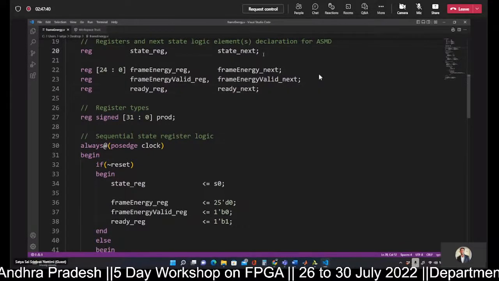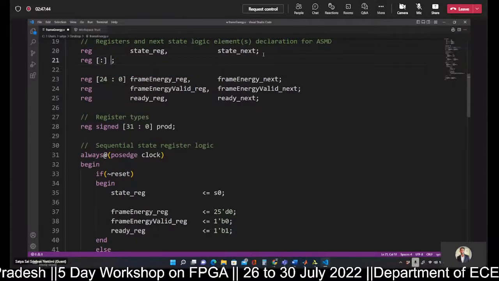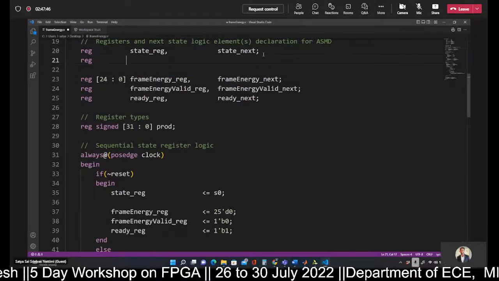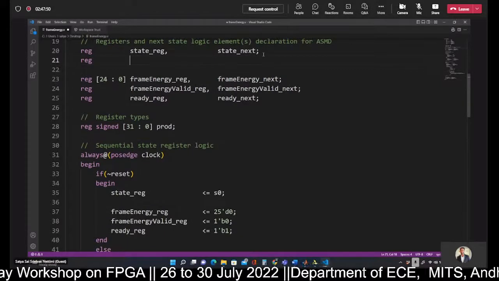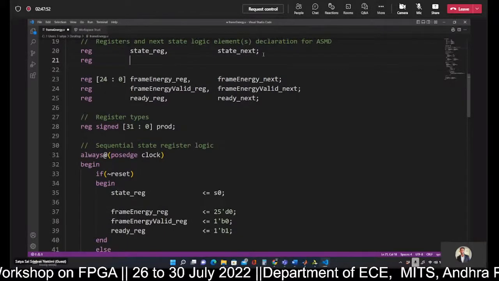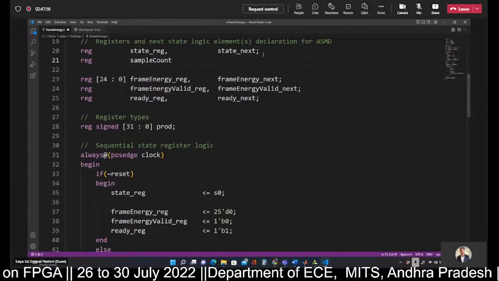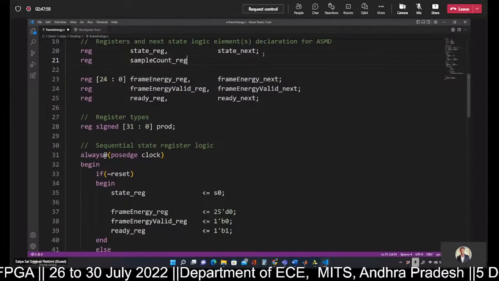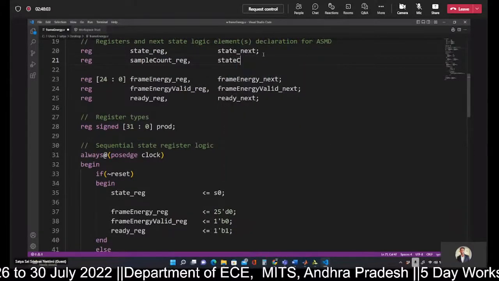So for that, what I'm declaring is a count register. The name of the count register, I will give it as sample_count, and a combinational next state value to update the counter.